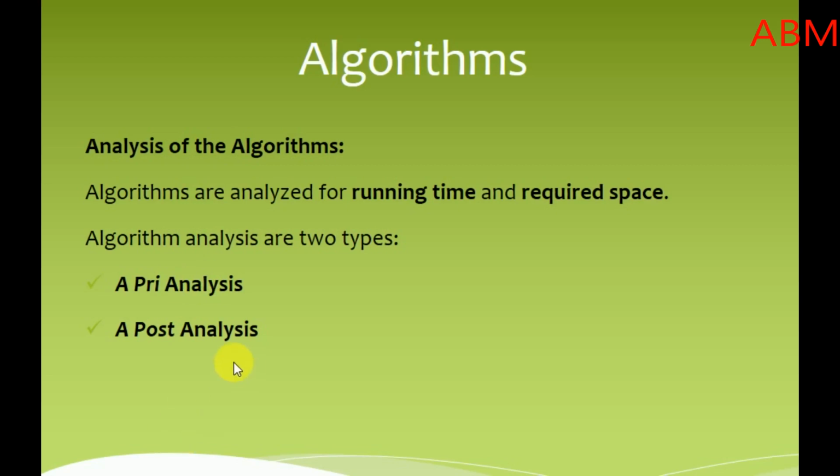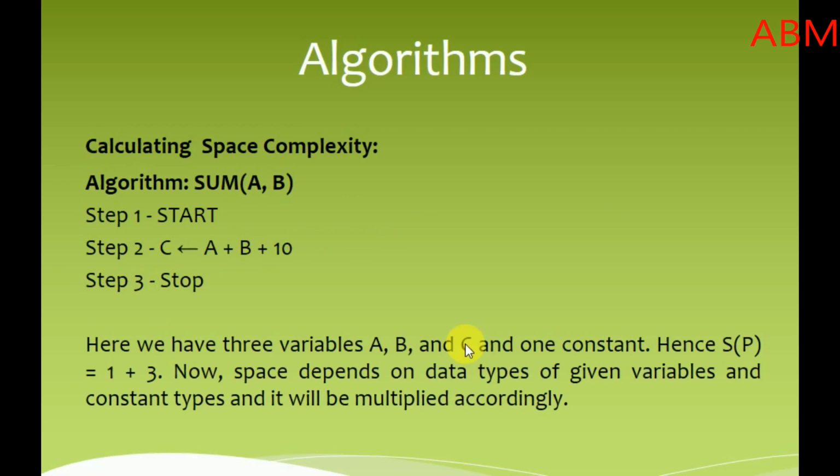The post-analysis is done after writing the program. You may write the program in different languages and run it on different machines. Calculating the running time and required space after writing the program is called post-analysis.